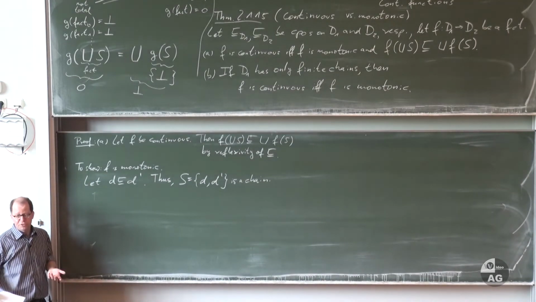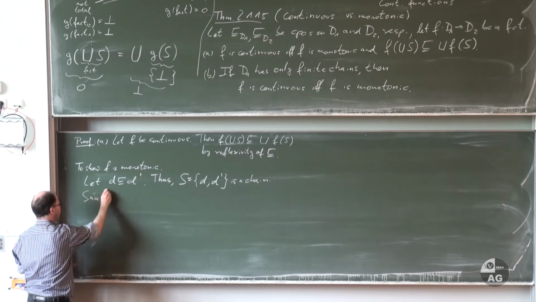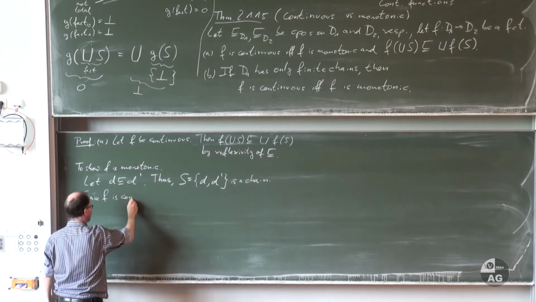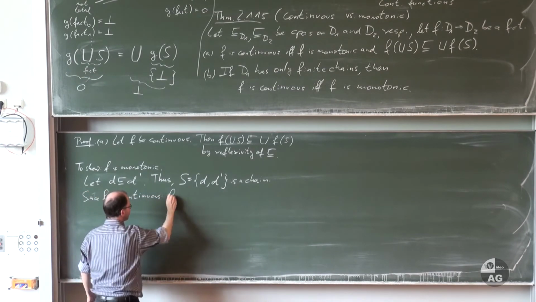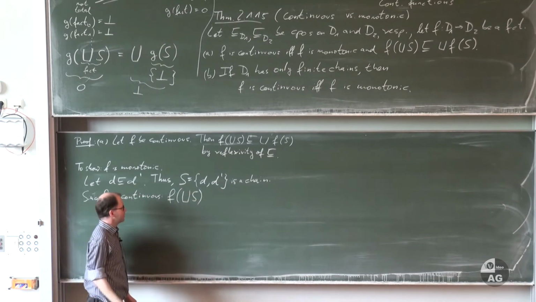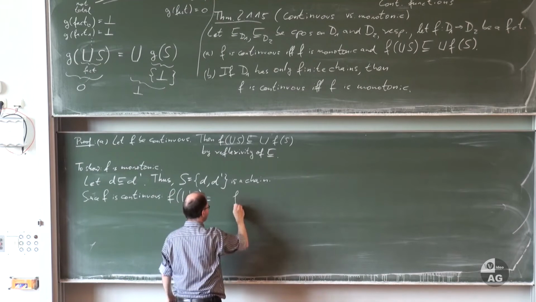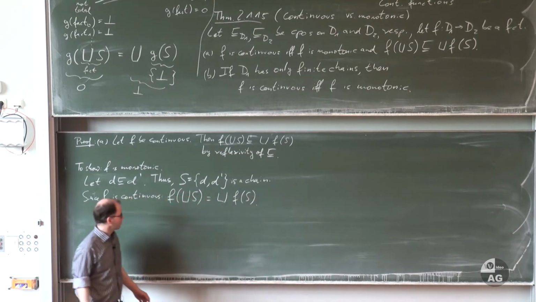And now I know that f is continuous. Since f is continuous, I know that whether I first take the least upper bound of S, or whether I first apply f and then take the least upper bound, that's the same.